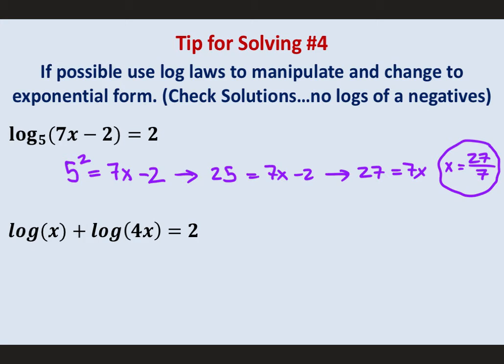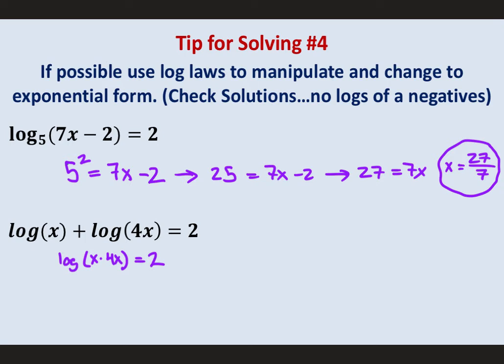This next one, we do have to do a pre-step here. We have to combine the two logs together. So we can multiply those together, and this can become log base 10 of x times 4x, okay, equal to 2, right? That's one of our log laws, that if you have two logs with the same base being added, you can combine them to one log with what was on the insides being multiplied, okay?